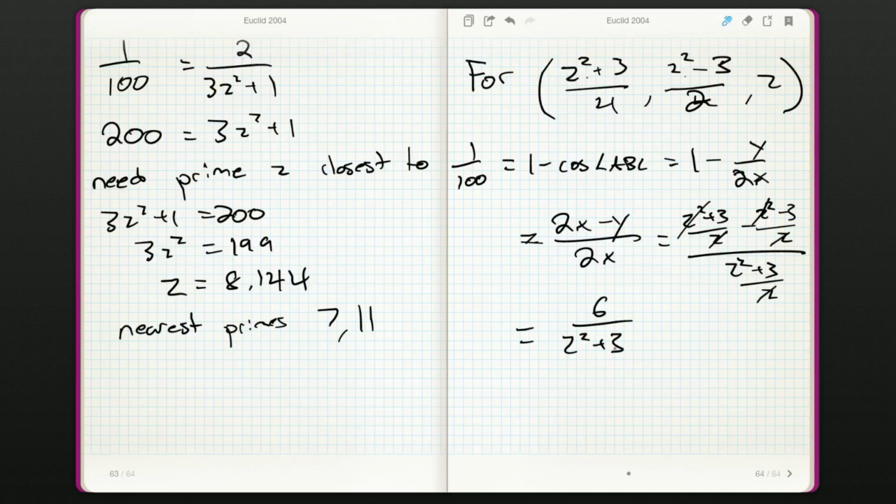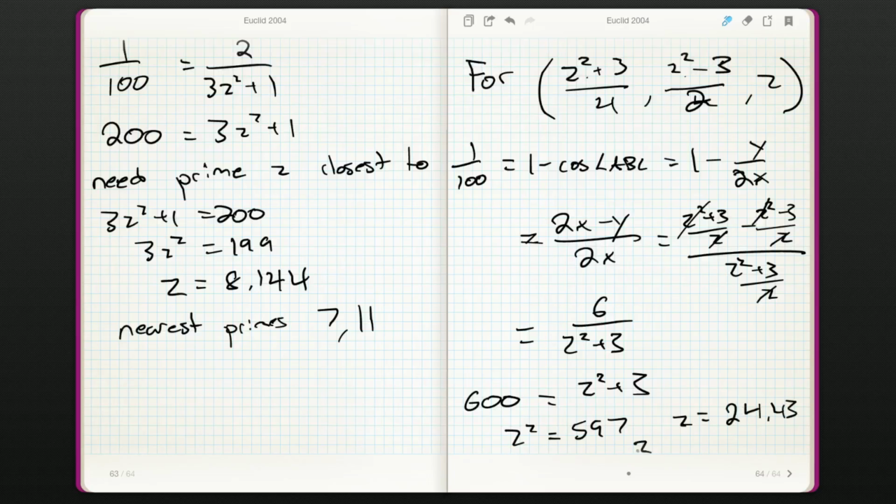Not the nicest of numbers, but hey, what are you going to do? We need about 600 is z squared plus 3. So z squared is 597. z is, so, square root of 597. So 24.43.